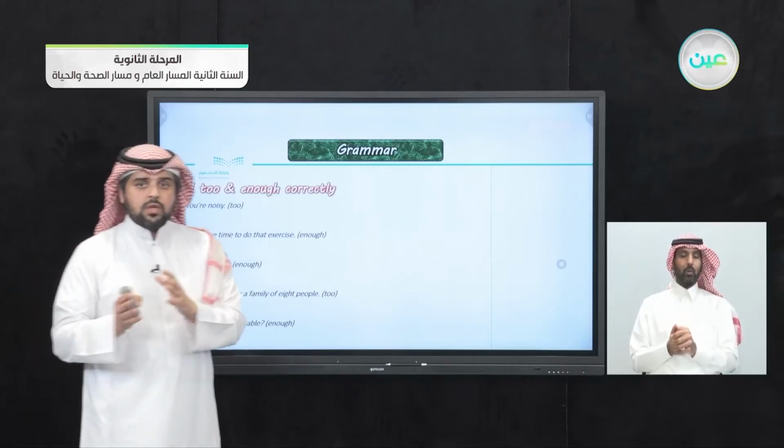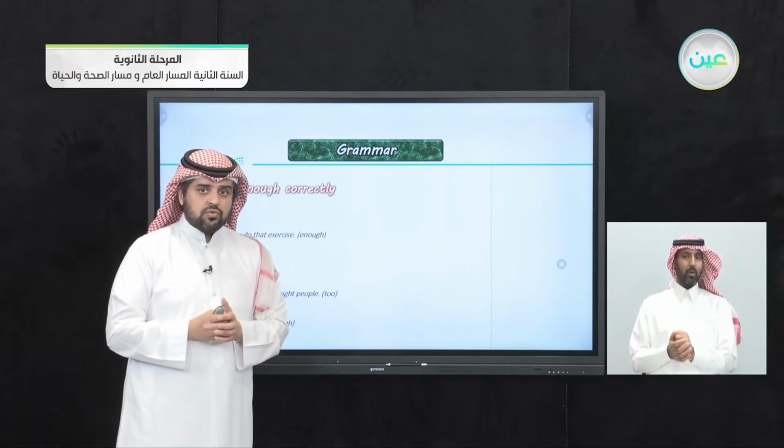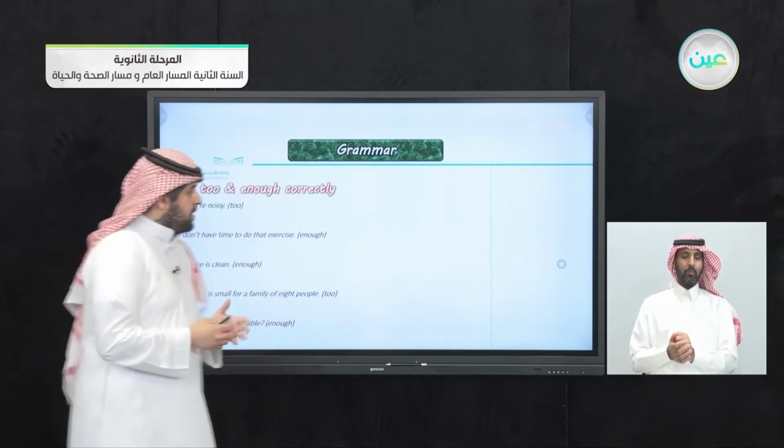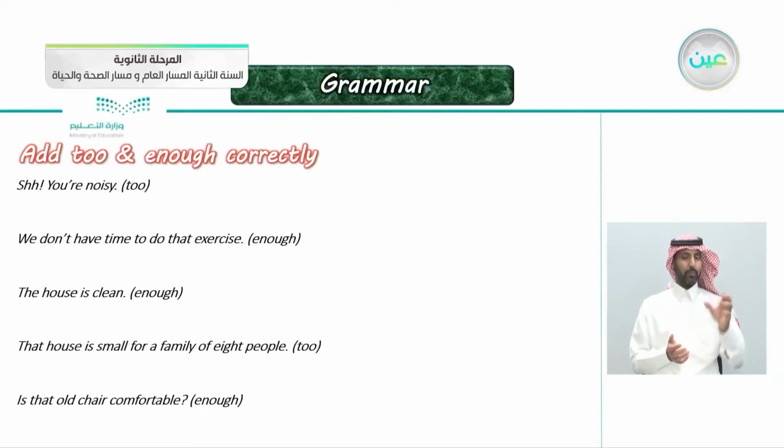So where do we put the word here? Yes, that's correct. You're too noisy. And the second one here, we don't have time to do that exercise, and the word here is enough.